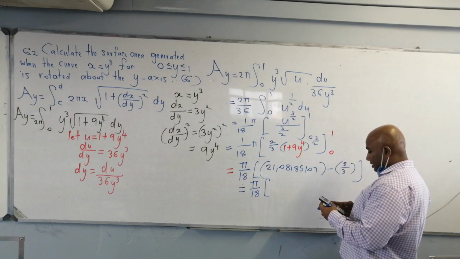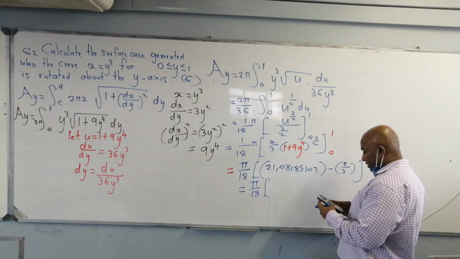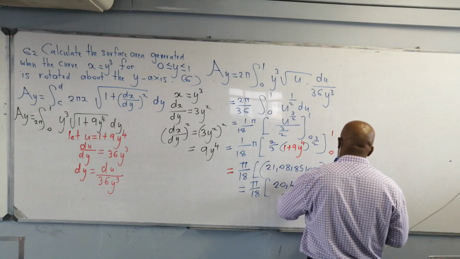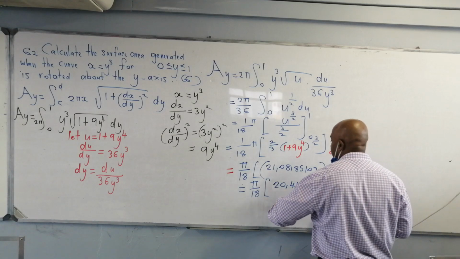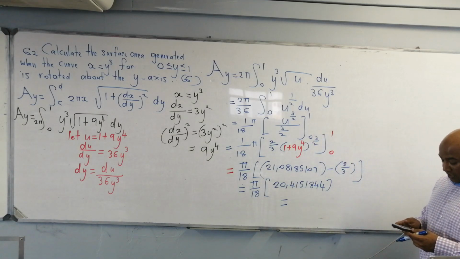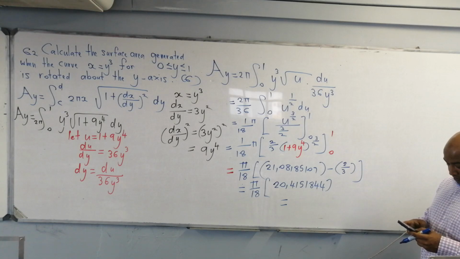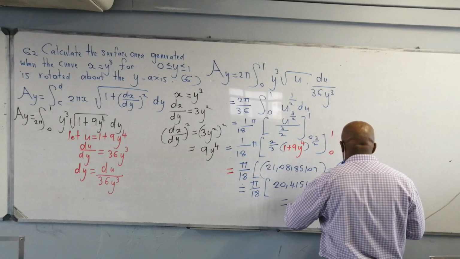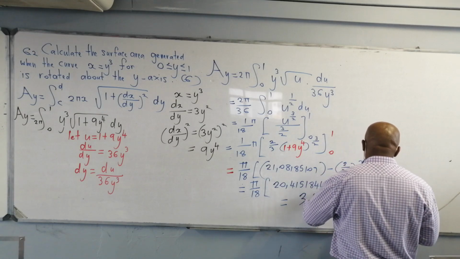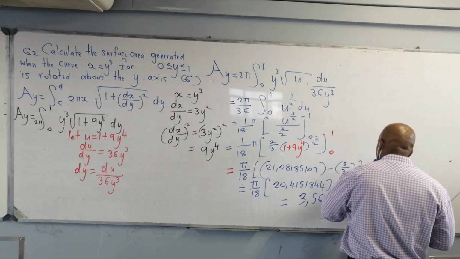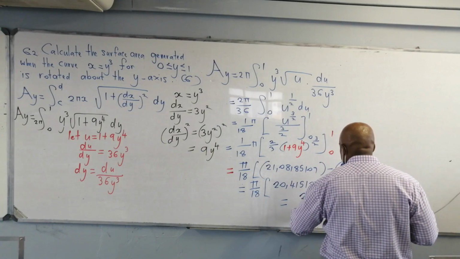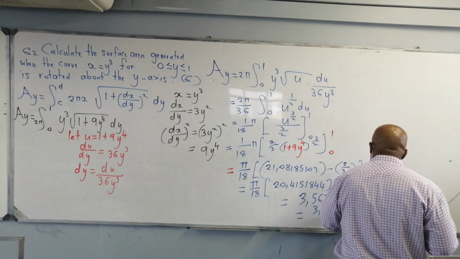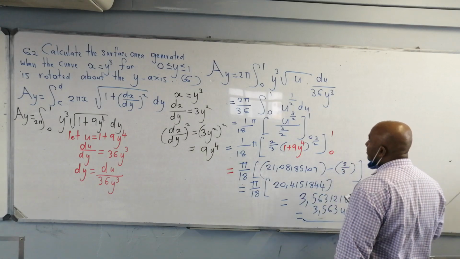So it's there, minus 2 over 3. So this is 20.41518444 times pi over 18, which is equal to 3.563121852, rounded off to 3 decimal places, 3.563 units squared.